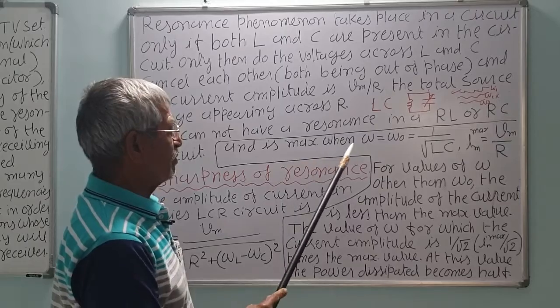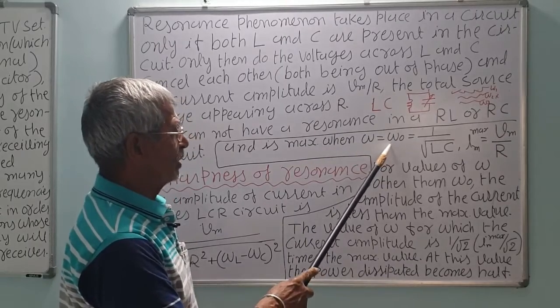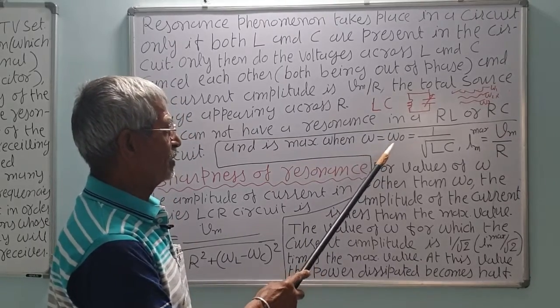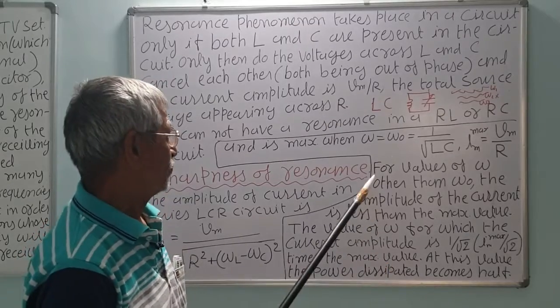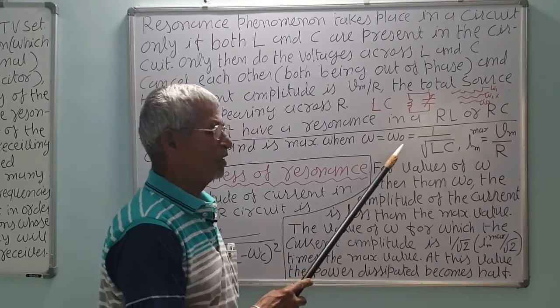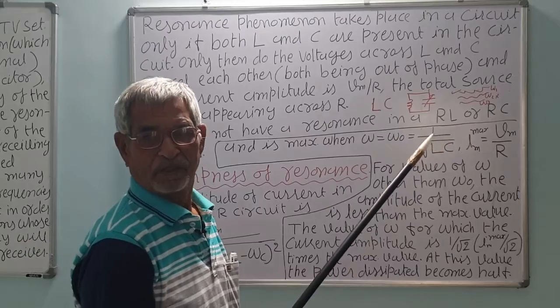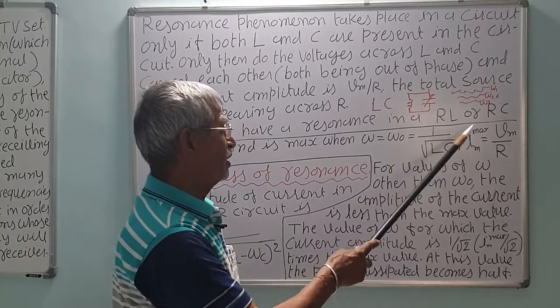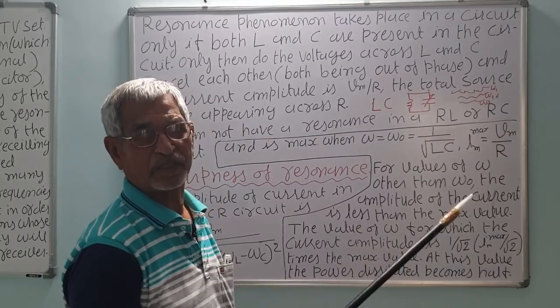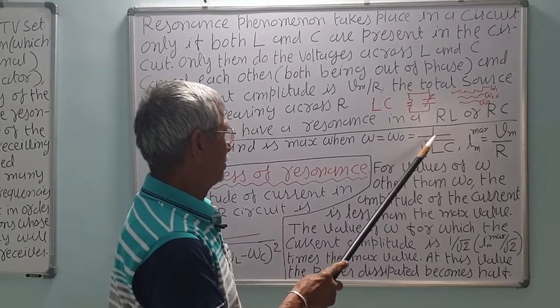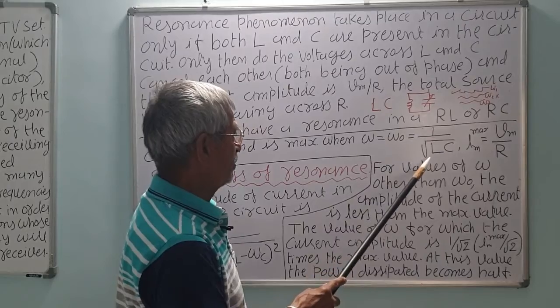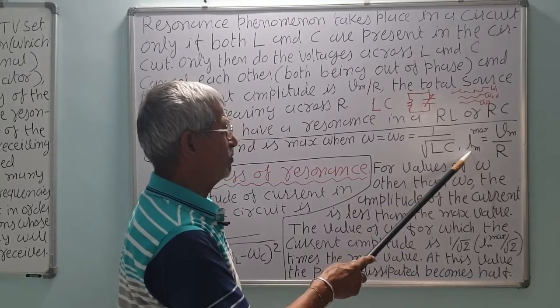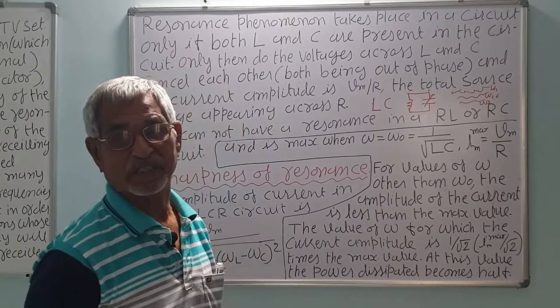It is maximum when omega is equal to omega 0, that is, capacitive reactance XC is equal to XL, and the net reactance is 0. The inductive reactance and the capacitive reactance oppose the current, but resistance won't change with frequency. At any frequency, the resistance value will be the same. So omega 0 is 1 upon under root LC, and the current is maximum, voltage upon only resistance.